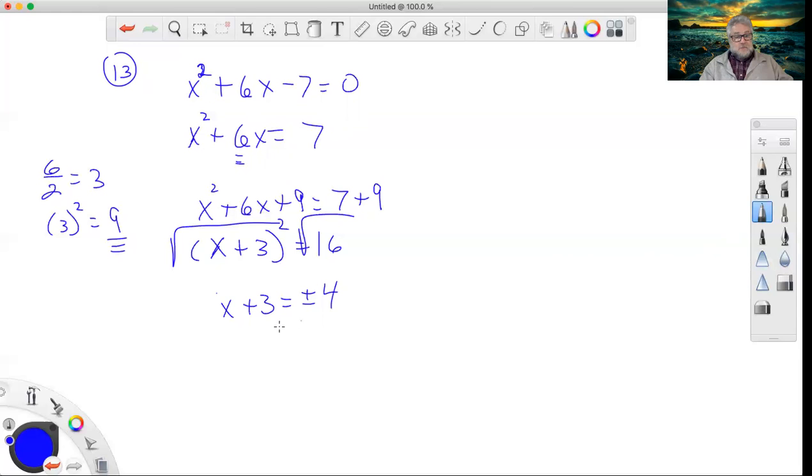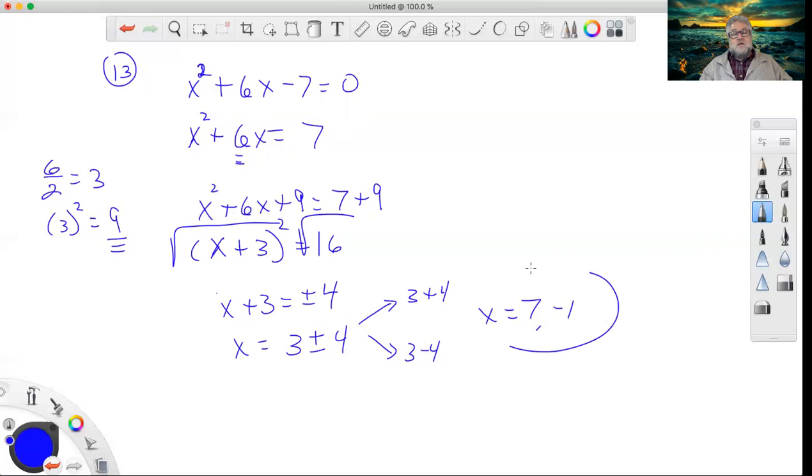It's 4. So x equals negative 3 plus or minus 4. You can't give that as your answer, because we can certainly simplify that. That would be negative 3 plus 4 and negative 3 minus 4. So x is equal to 1, or negative 7. That's how you're going to give your answer.